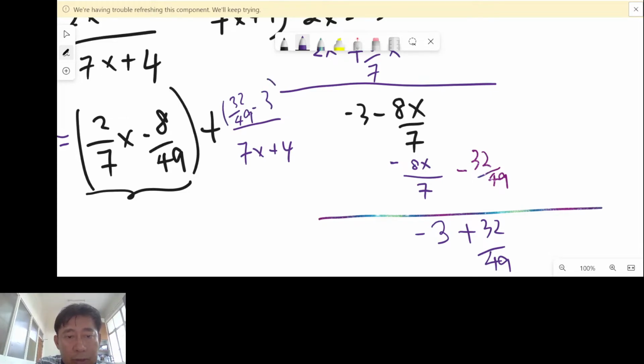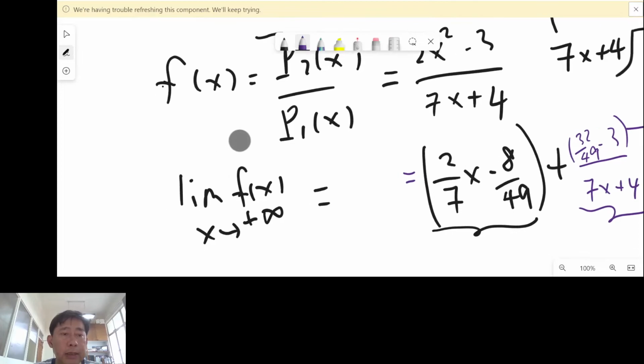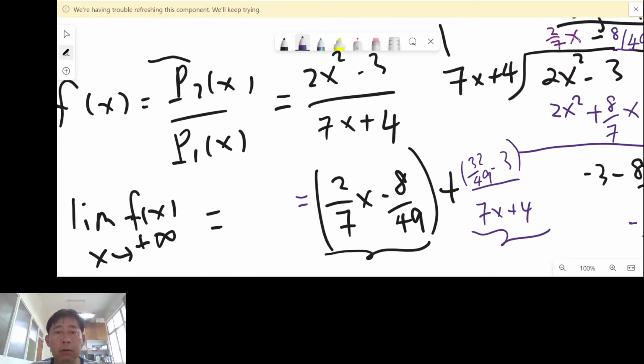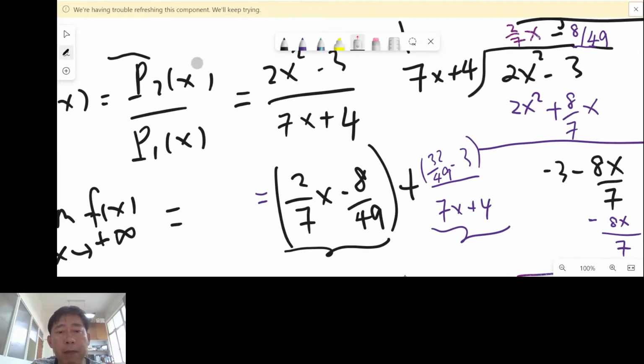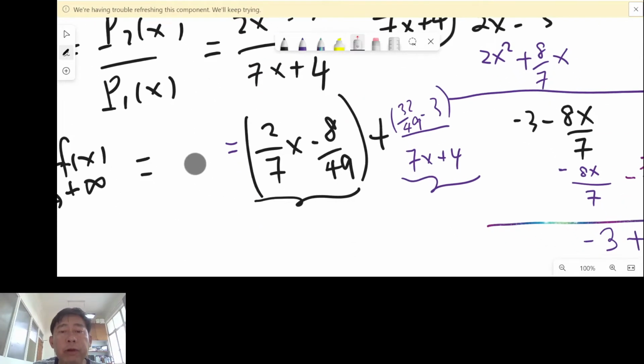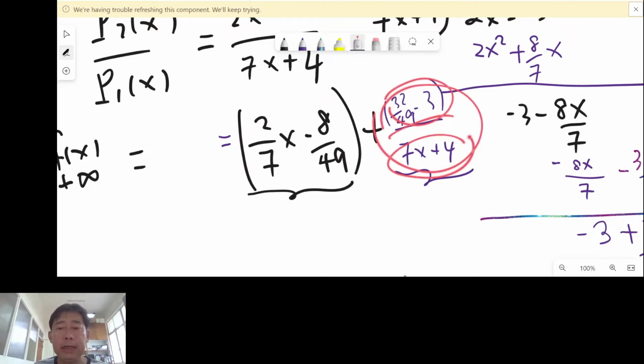Okay, so this is what we call the residual function. So what I have shown you here is that the original division of a quadratic function by a linear function is now reduced into a linear function in the form of ax plus b plus a residual function, which is a constant divided by a linear function.